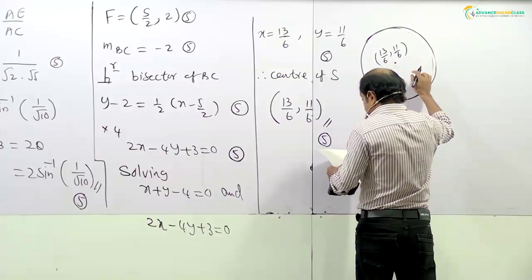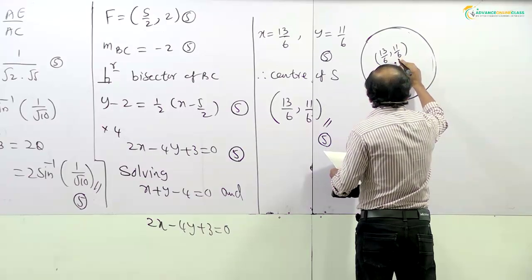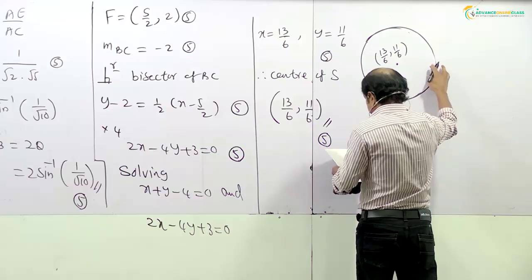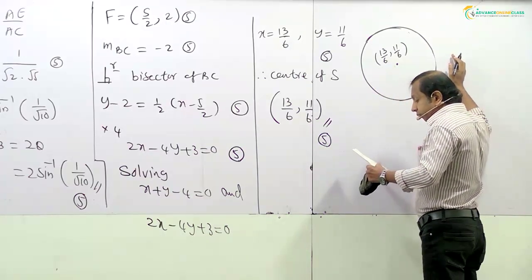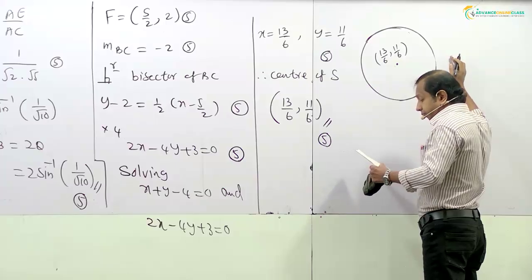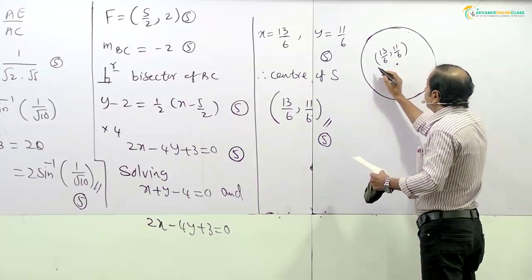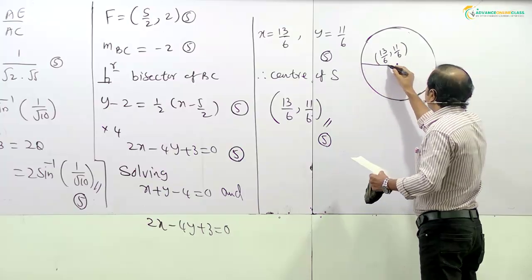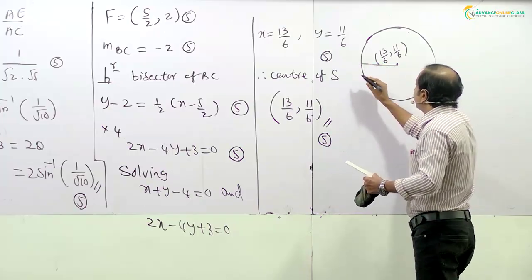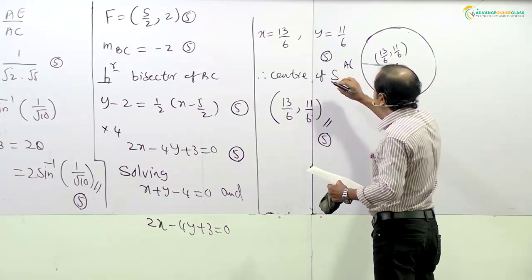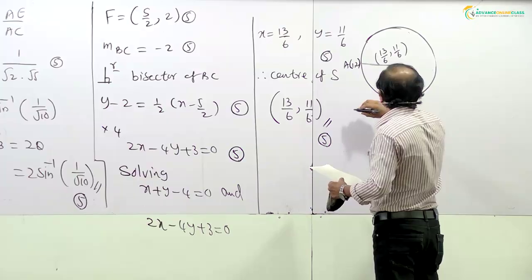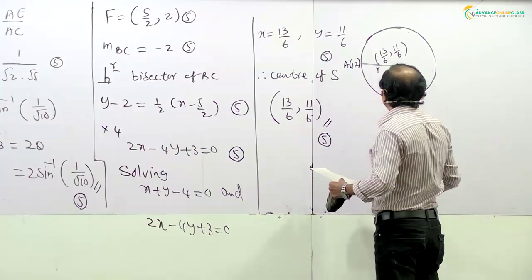Right. Then we need to find the, yes, radius. Okay, you know, here we have point A. Point A was 1, 2. Right. The radius you can find.